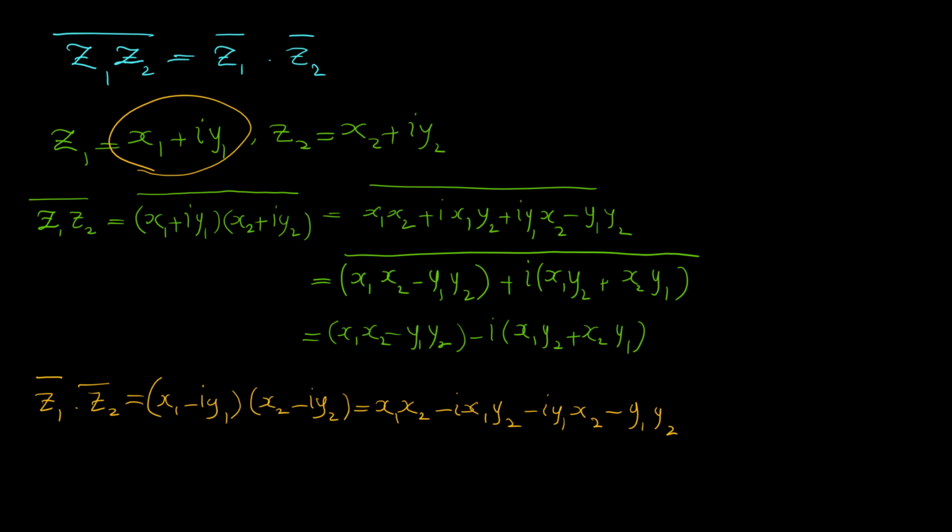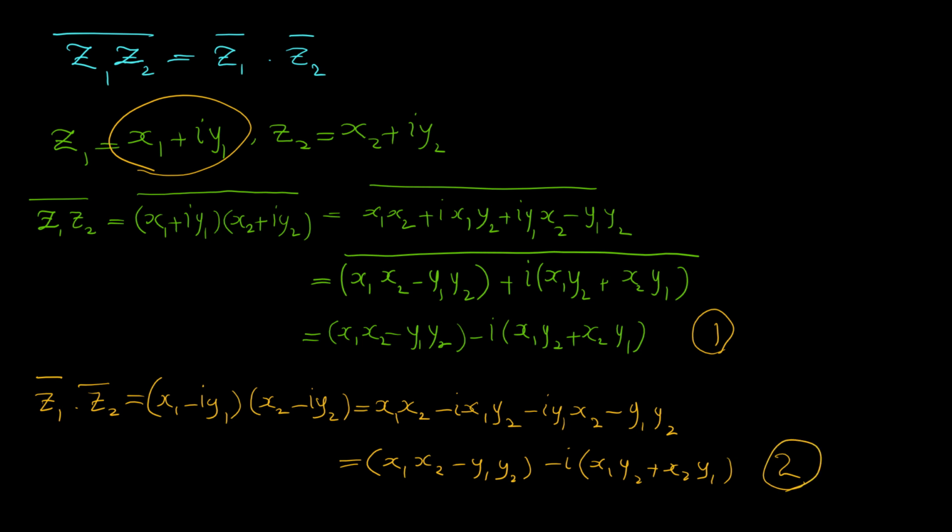Now we group the real parts in this form, and if we factor a negative i, then we have x1 y2 plus x2 y1. Compare these two equations, equation 1 and equation 2.